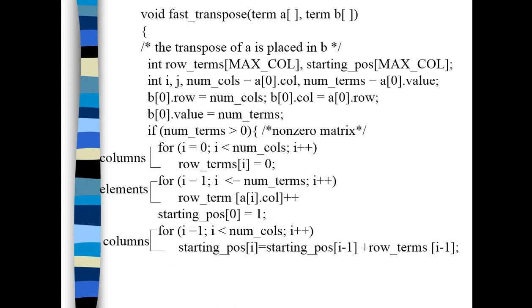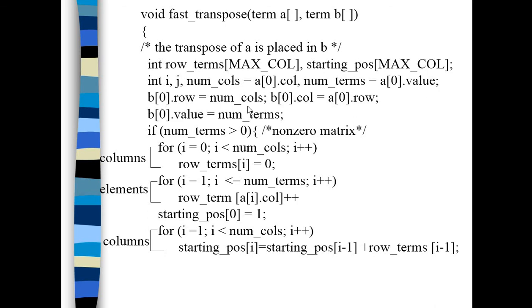Now let's see how the fast transpose works along with these row terms and starting position. First, you have to pass the actual sparse matrix, and sparse matrix B will be used here. We are using the row terms and starting position arrays, the i and j index values, and we capture the total number of columns and the total number of non-zero values.